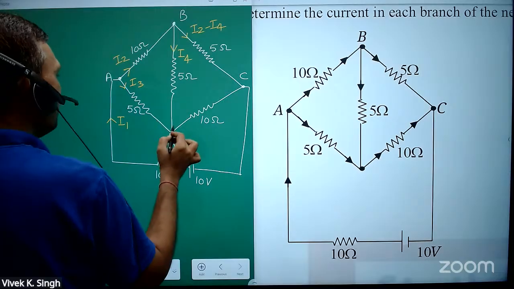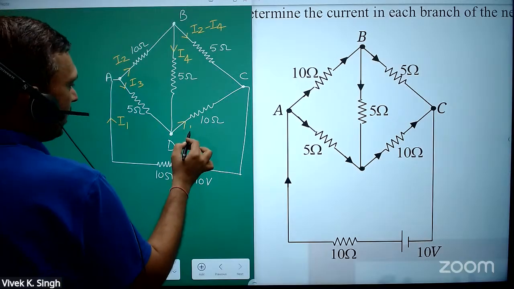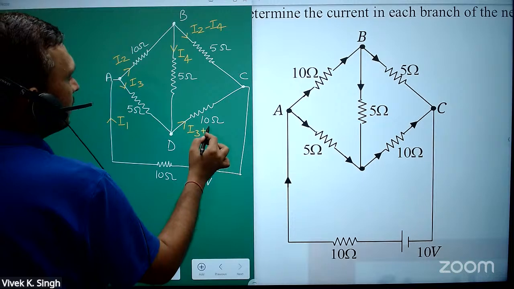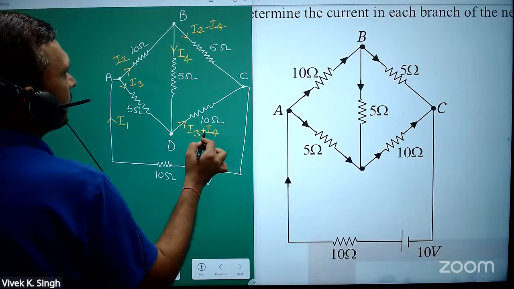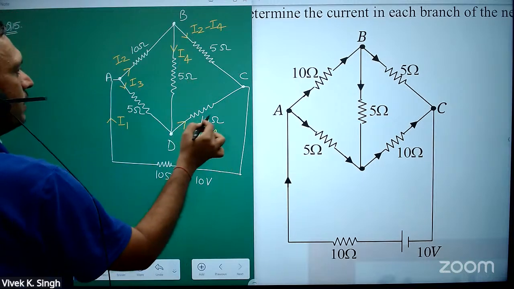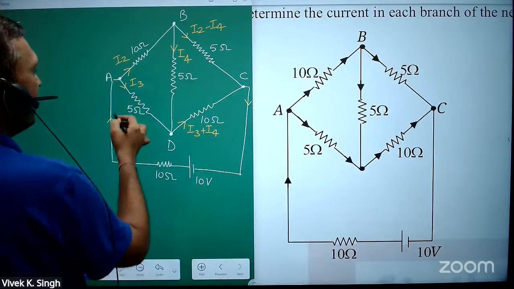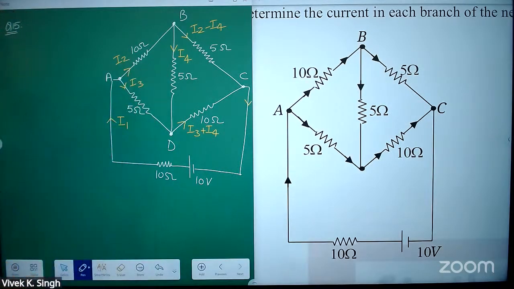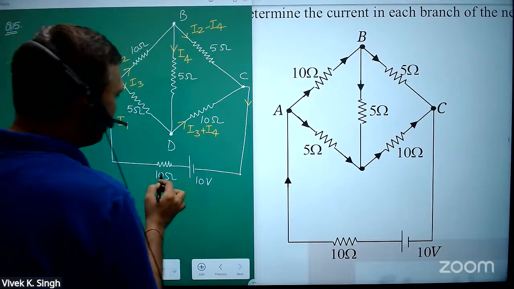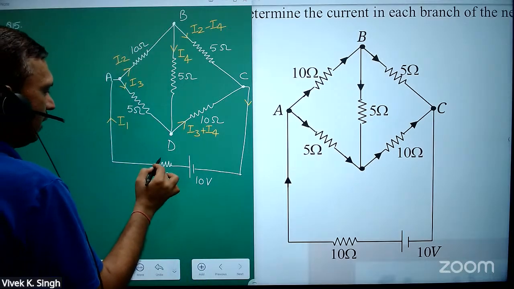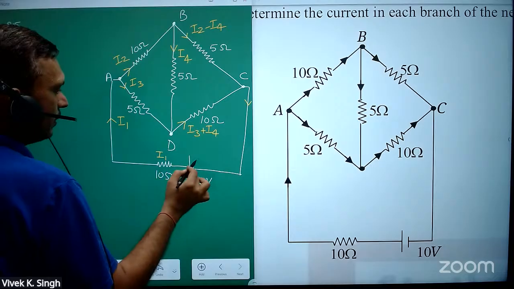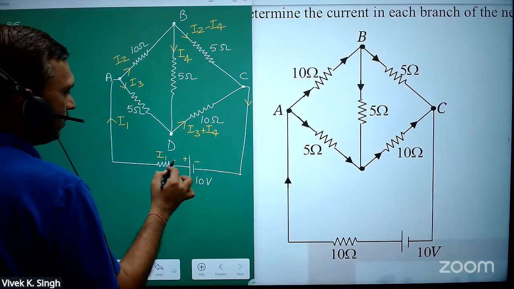And at this node, what will be this current? I3 plus I4. And then here I1 is I2 plus I3. So in this also current is I1. This current is I1. So show the polarity plus minus.